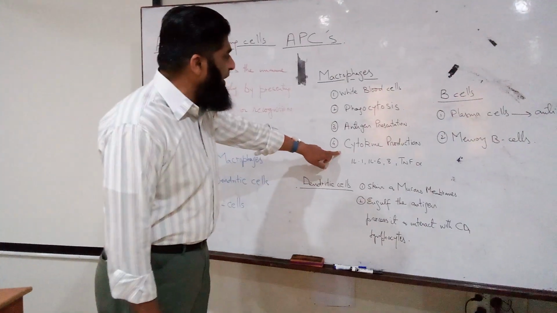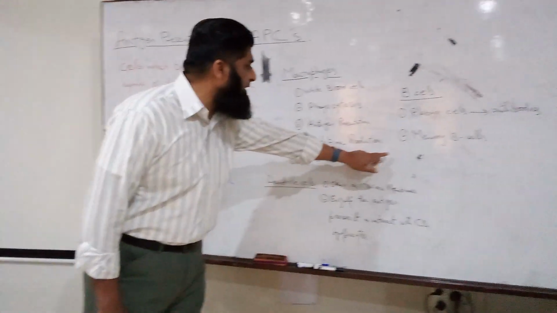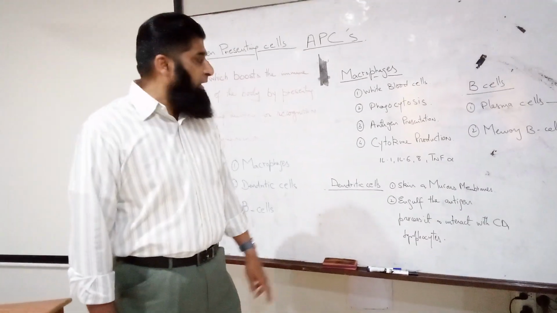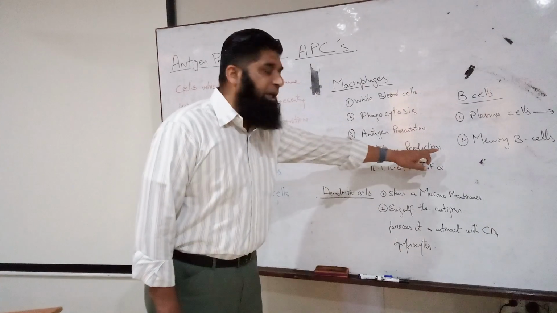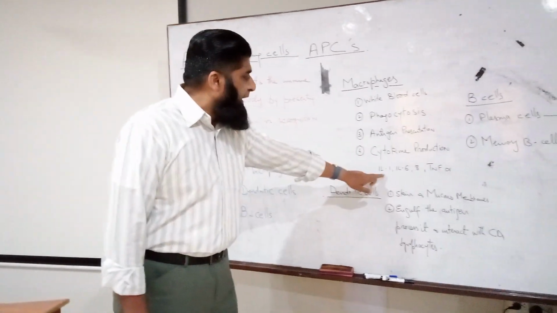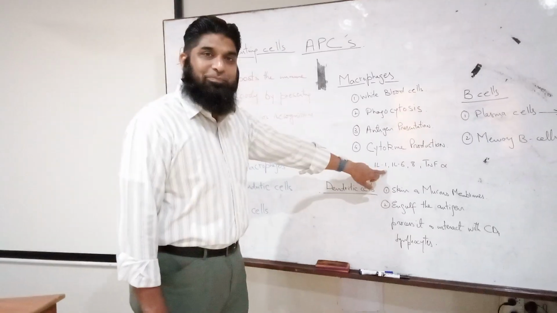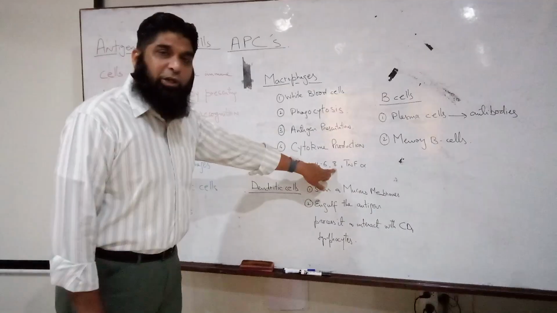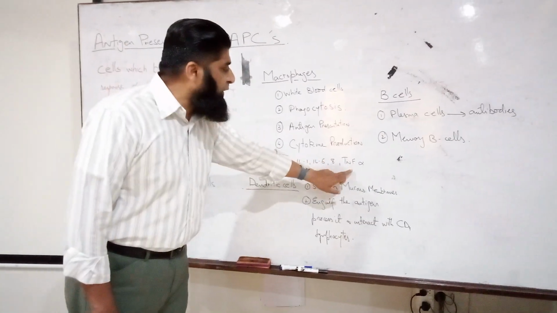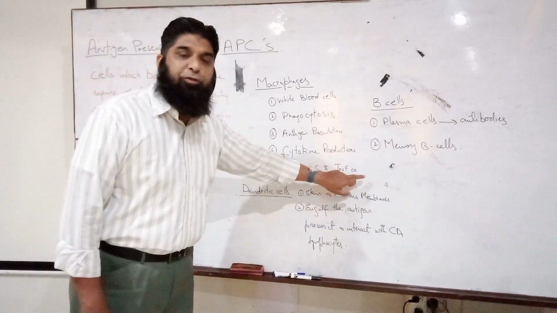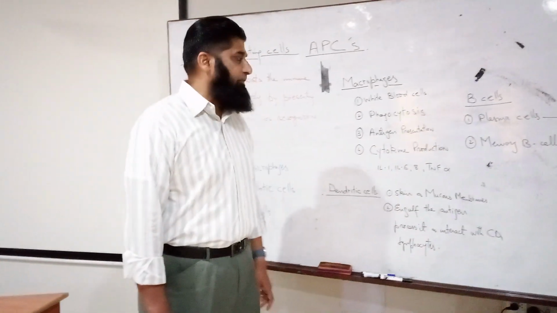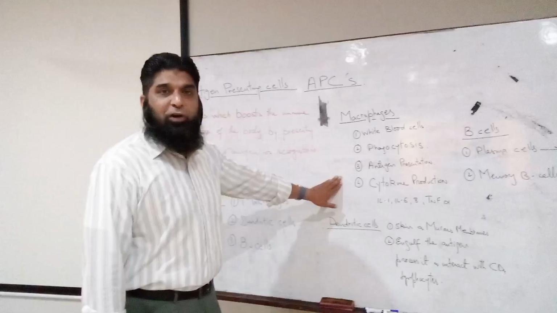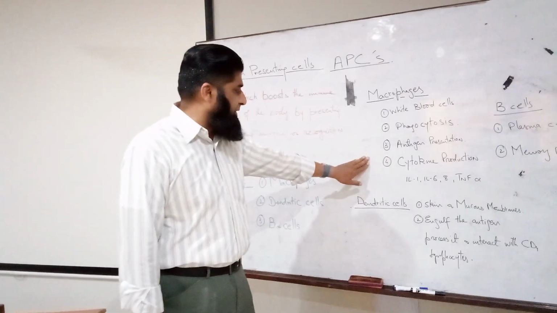Okay? Number three function of macrophages is cytokine production. These cytokines include interleukin 1, interleukin 6, interleukin 8 and tumor necrosis factor alpha. Okay? These were the three functions of macrophages.